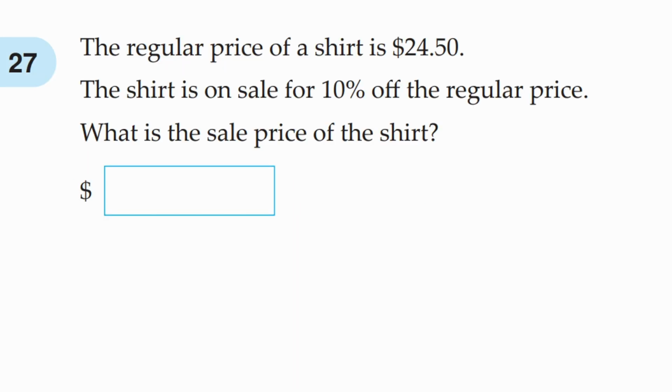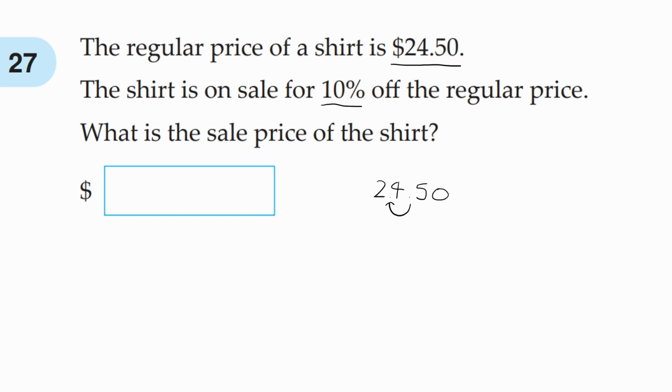Question 27. The regular price of a shirt is $24.50. The shirt is on sale for 10% off the regular price. What is the sale price of the shirt? So, to find 10%, we're going to divide 24.50 by 10. And we know that we move the decimal point to the left one place. So, the decimal point goes here.